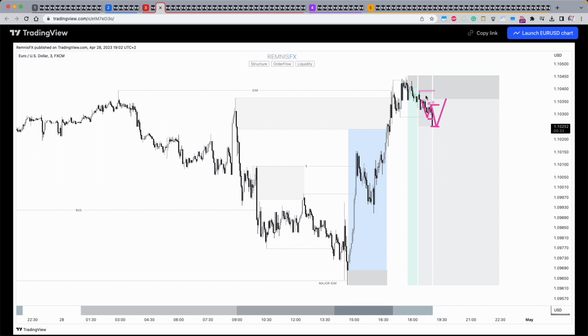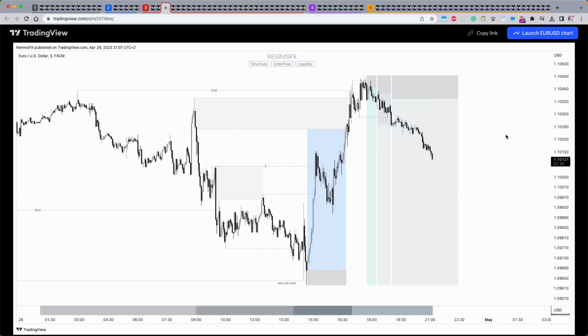But I mean within this leg, so to say, right here, this single leg, if this here is your internal structure, after again liquidity got taken out, liquidation mitigation, everything at the extreme area. These are kind of the only 2 points I will focus on at this point. And as you can see, well, price had no intention of coming back to that area.